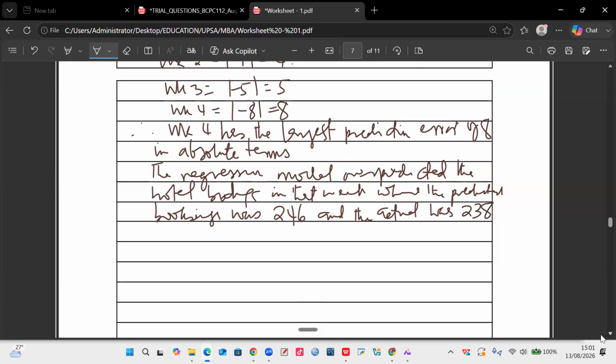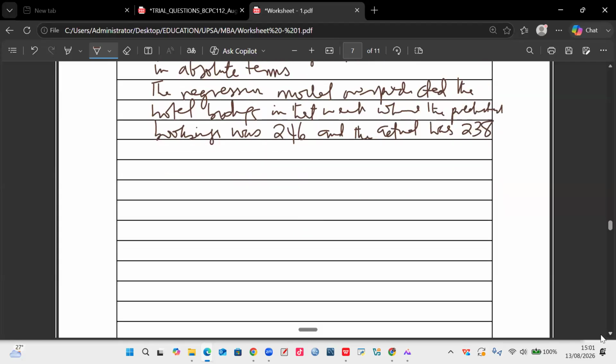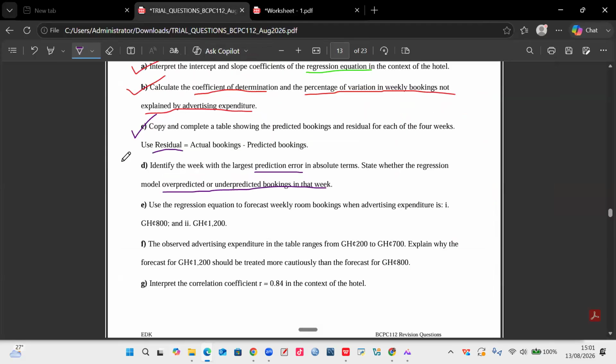Okay, so we are done with this. Use the regression equation to forecast weekly room bookings when advertising is 800 and when it is 1200. So what do you think we can do?